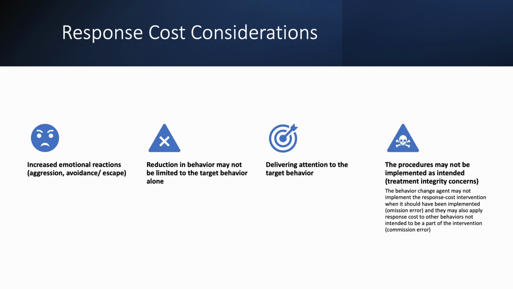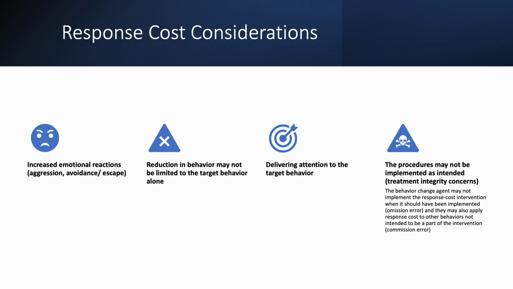So often what we see when we implement a response cost procedure is that once we see a reduction in the undesirable behavior, or the problem behavior, or the target behavior, whatever you want to call it, right? Once we see a reduction in that behavior, sometimes the behavior agent starts to feel bad in a sense, and so they will not implement the response cost procedure for the target behavior when they should have been.